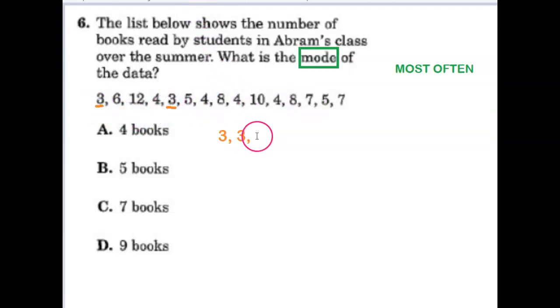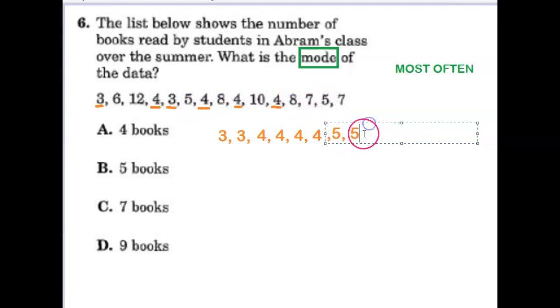There's no more 3s, right? So I'm going to my next number. 4, 4. There's this one and there's this one. 4, 4. So there's 4 4s. And then I'm going to go back and I'm going to cross them off. 1, 2, 3, 4. Did I miss any? No. So then I'm going to do the next one. I have 5, right? That's the next number in order. I have 1, 2 5s.